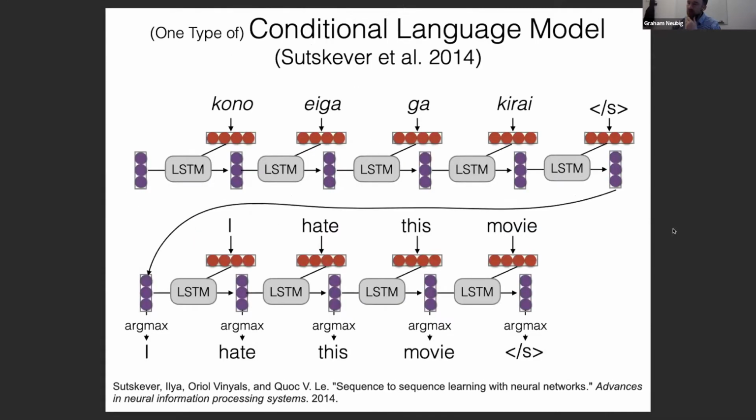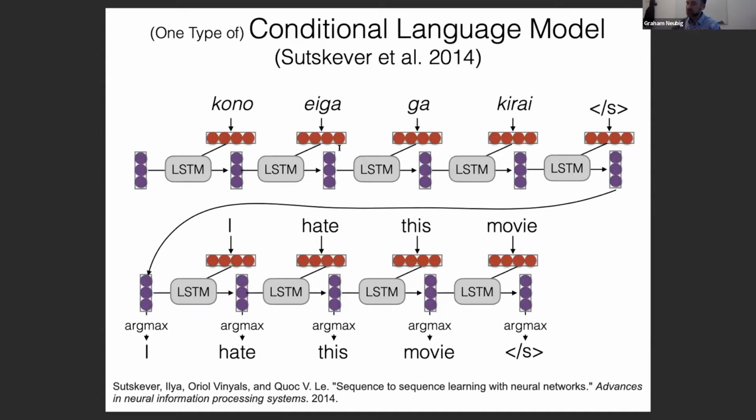And if we want to develop a conditional language model that conditions on some sort of context to predict the probability of the upcoming words, we can do something like feed in the conditioning context into a recurrent neural network and predict the outputs like this. So basically, we read the conditioning context one by one.